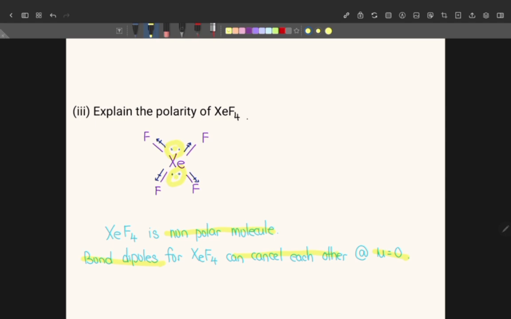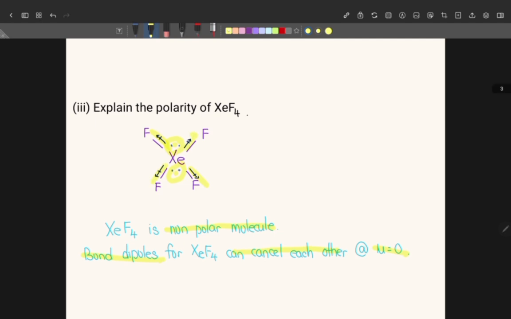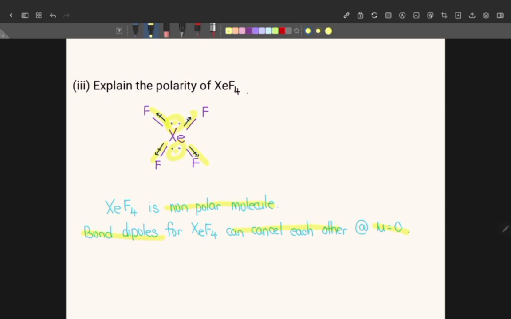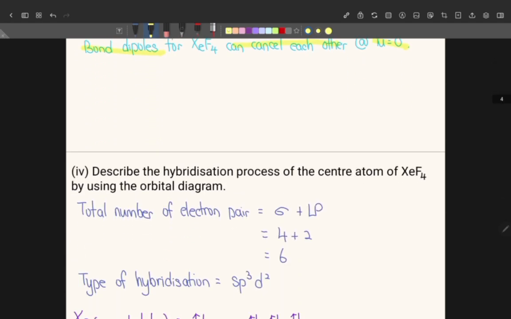The bond dipole is toward the more electronegative atom, which is fluorine. So here towards fluorine, here towards fluorine. These 2 bonds cancel out each other, and then this and this also cancel out each other. So it's a non-polar molecule.